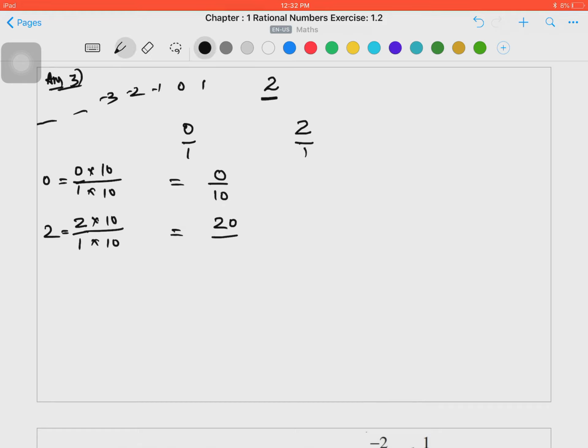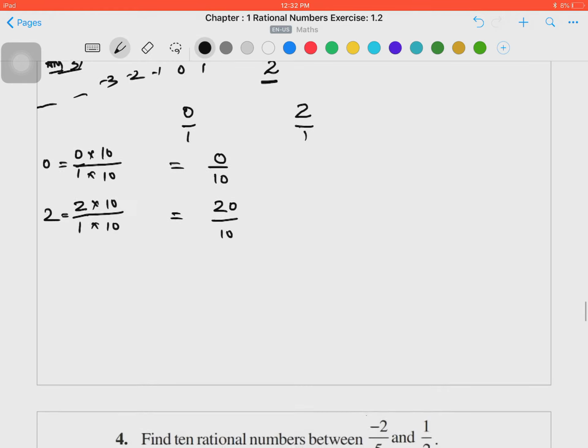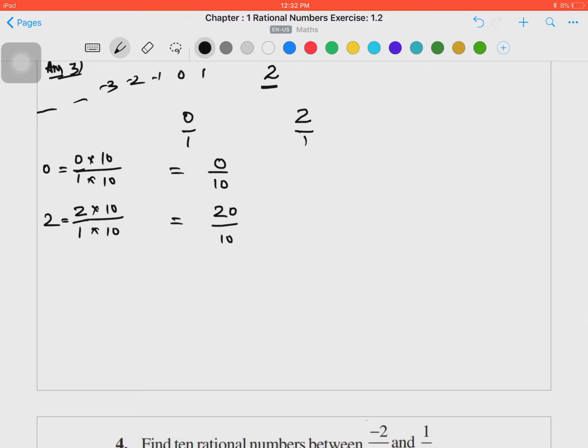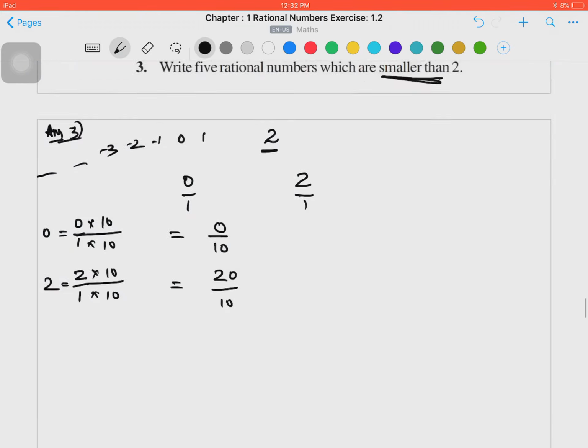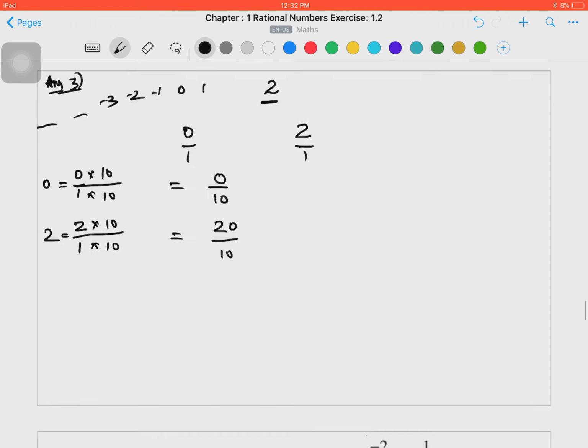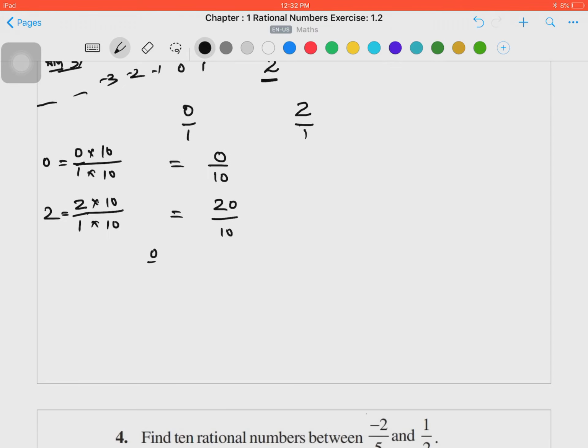So the numbers are 0 by 10 and 20 by 10. So now we have to write 5 rational numbers between these two numbers.